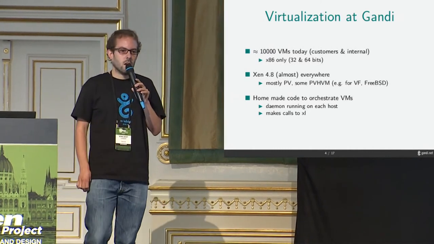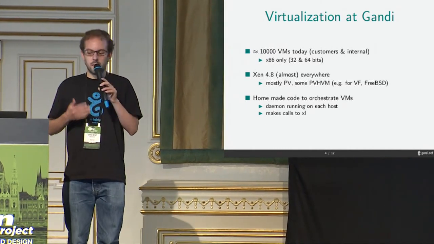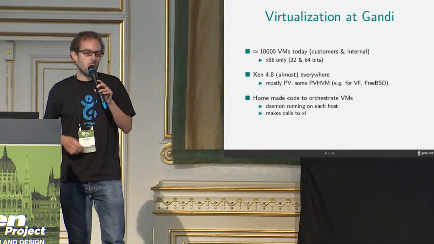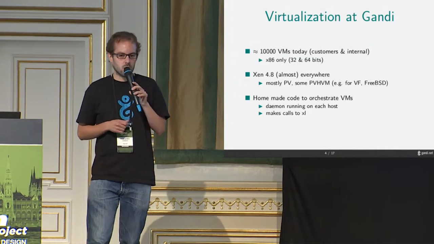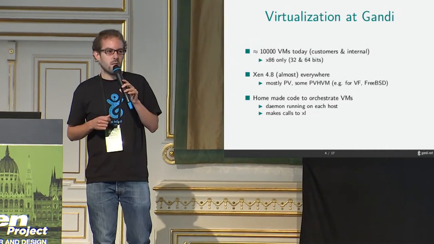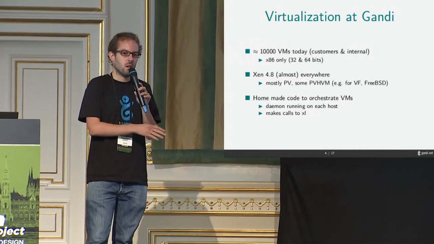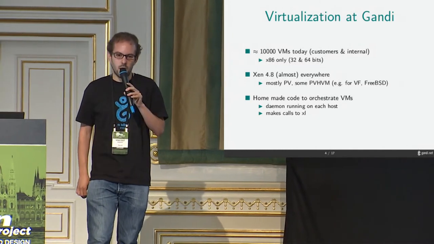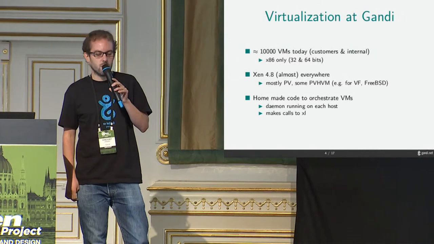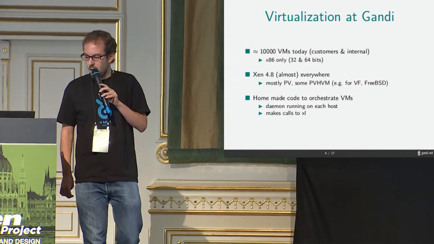We're running hosts on x86 only. So now we only use Intel processors, usually Intel Xeon processors. We used to have AMD processors, but we thought it was easier to have the same kind of processors everywhere. It makes things easier, especially if you want to live migrate.